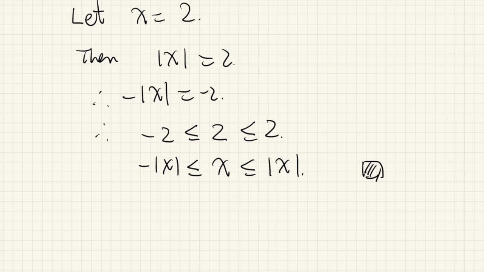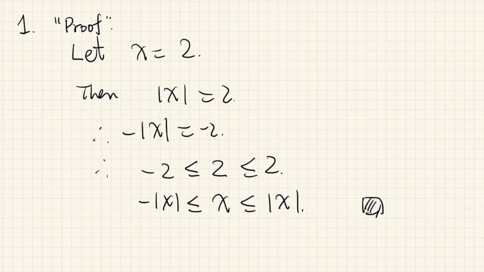So what's wrong with this? We assumed x is equal to 2. So what about when x is equal to 3, or negative 1, or negative 1.035, or whatever? What about when x is pi, or e, or pi to the power of square root of 2, and so on?